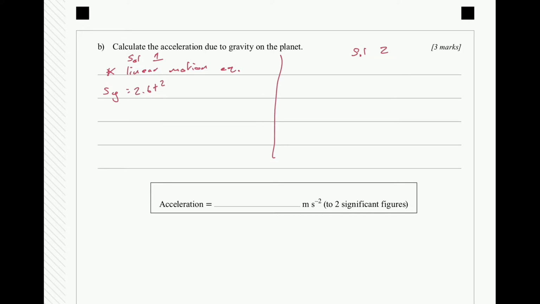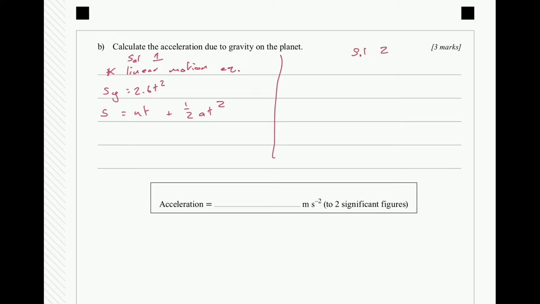We're trying to calculate the acceleration, so I'm going to look for a linear motion equation that has similar variables, and I can try and bridge and think about it. The other linear motion equation is SY, or in general its displacement, is equal to UT, which is the initial velocity times time, plus 1/2 AT squared.